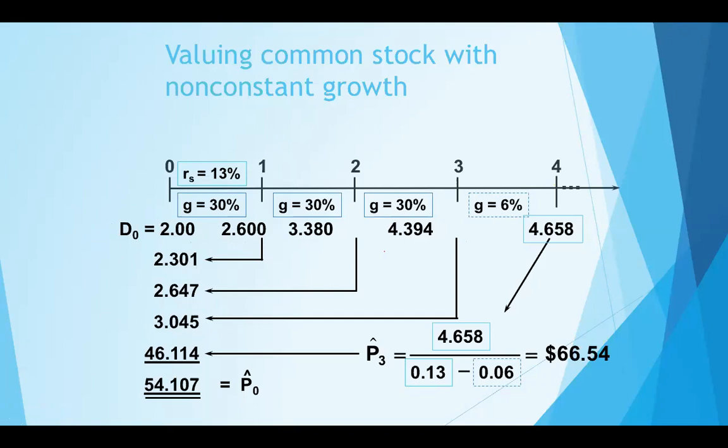If you buy right now, you have the right to get dividend next year, D1, not D0. Yes, basically the price of this stock is the present value of all dividends. Exactly.